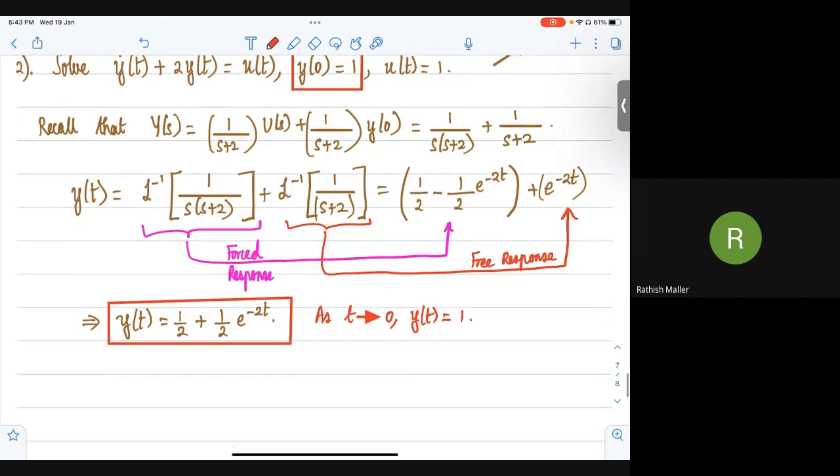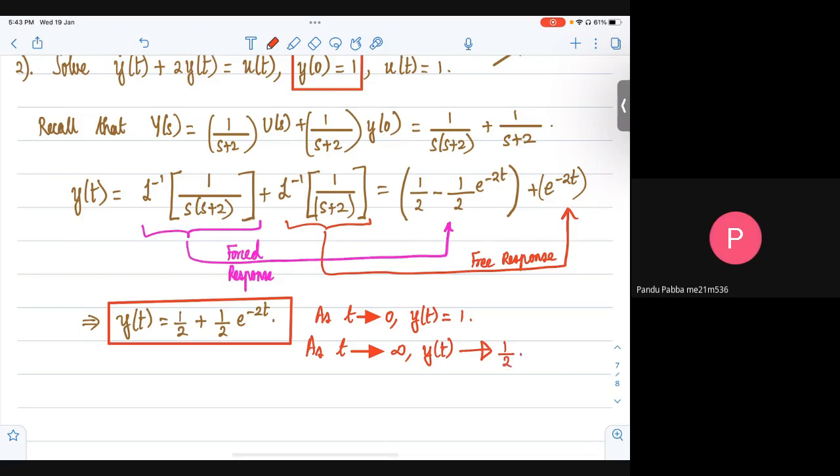Okay, so that's one. And as t tends to infinity, what do you think will happen to the value of y of t? 1 by 2.